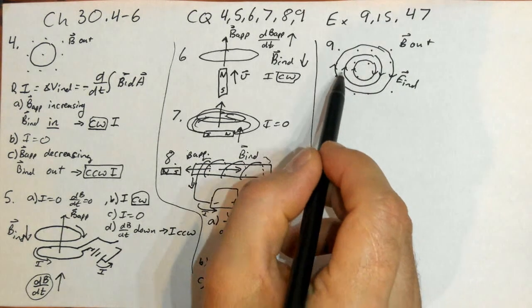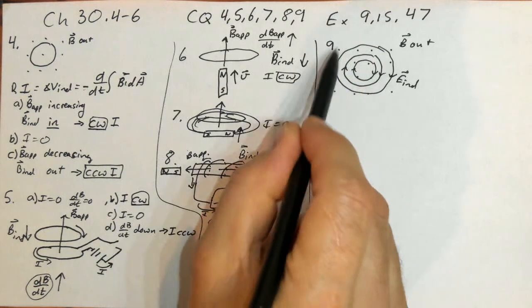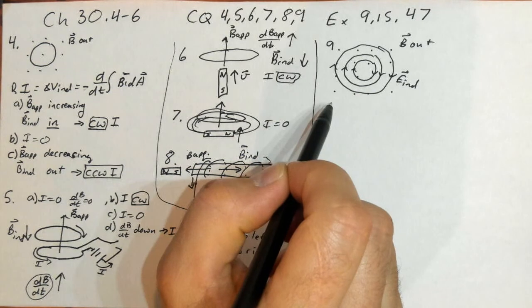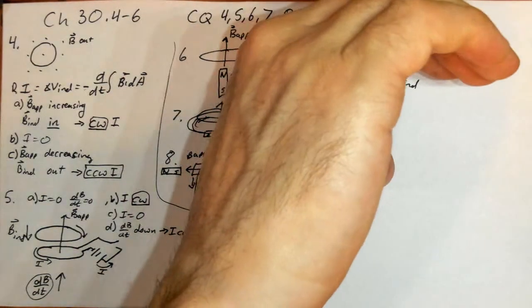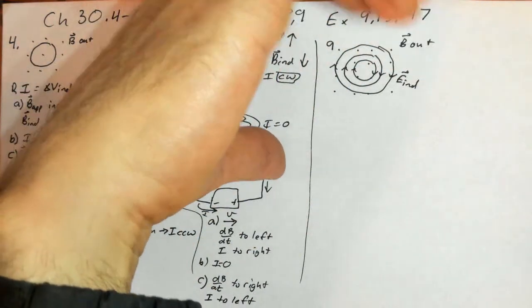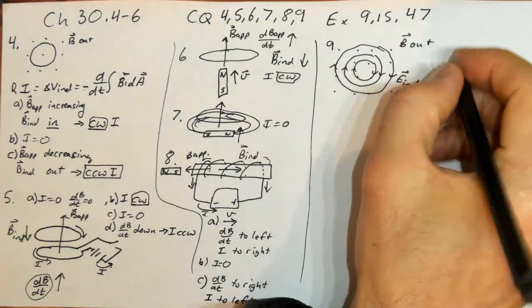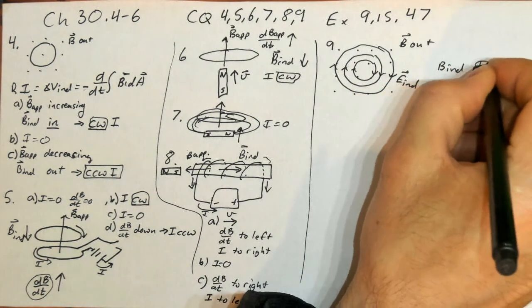If I placed a wire here with charges in it, the electric field would drive current in that wire in the clockwise direction, which would create a downward magnetic field. So I curl my fingers clockwise, and it would create a downward magnetic field. So I know that B induced is down, or let me say into the page.